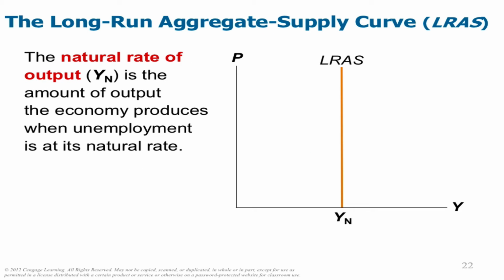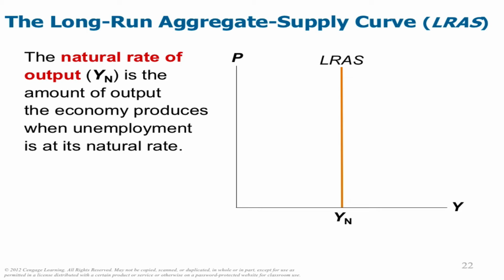So let's go over this. The natural rate of output is what determines long run aggregate supply. You write that Y sub N, GDP, natural rate of output.